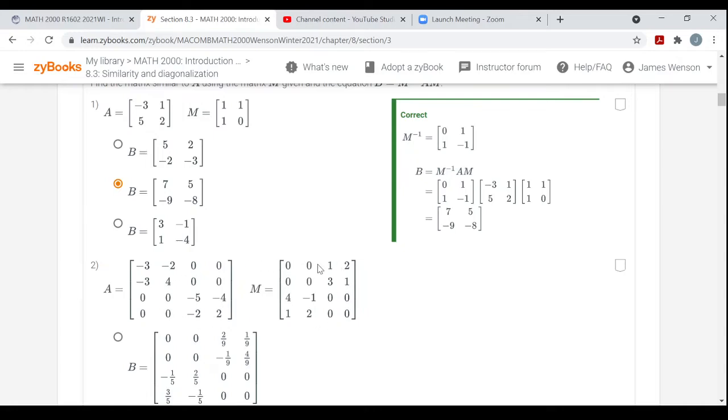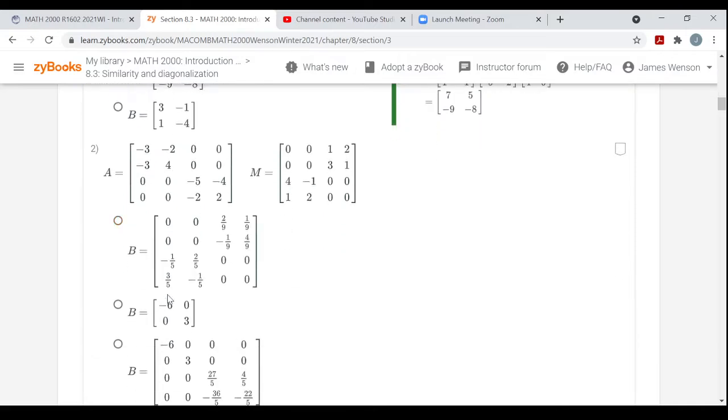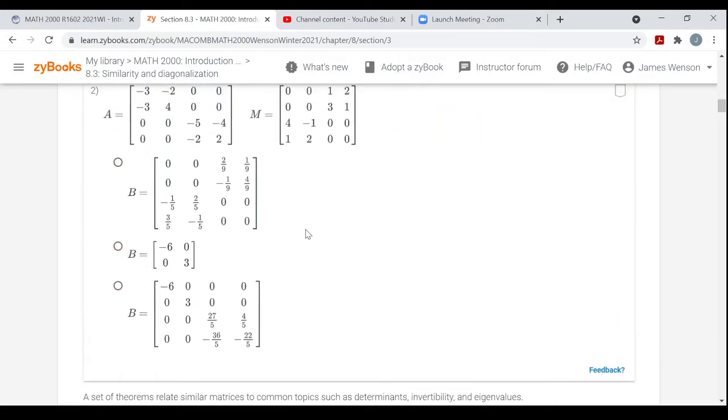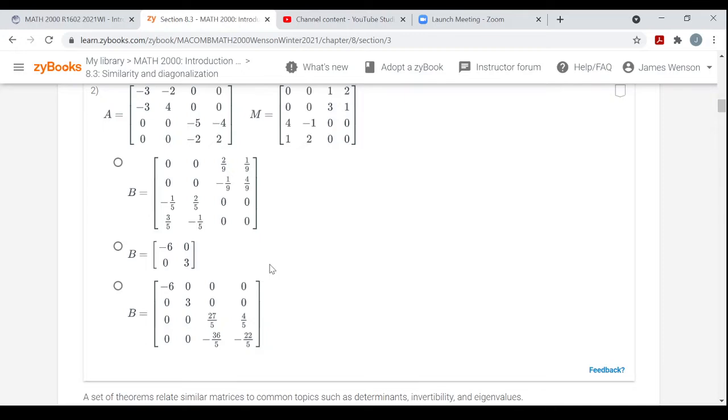This is another 4 by 4 matrix, and then take M inverse times A times M, and you'll get the matrix B that should be similar. Right, now it's definitely not this second option. Matrices that are similar are going to have the same size. So A was a 4 by 4. Any similar matrix to it should also be a 4 by 4.